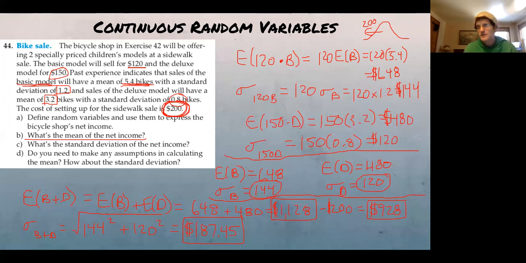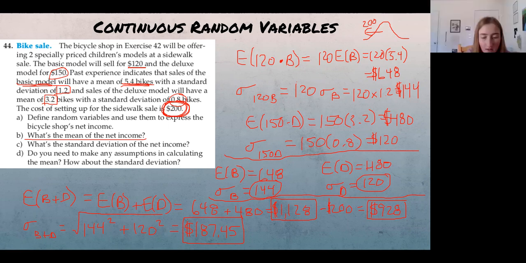And of course, we've answered this a few times. Did we make any assumptions here? The sales of bikes are independent.